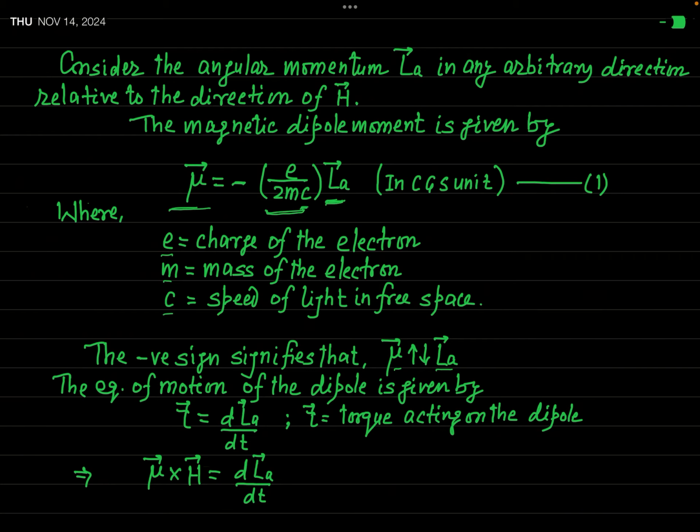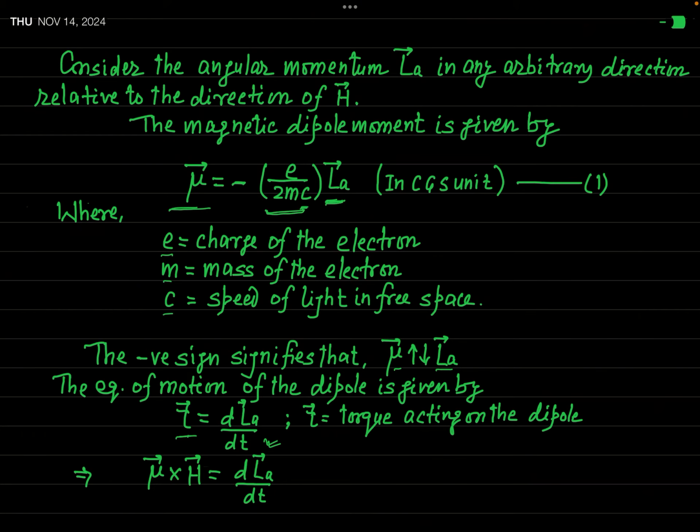So if you want to write down the equation of motion of this atomic dipole, what will that equation be? The torque tau acting on this dipole is given by the rate of change of angular momentum.